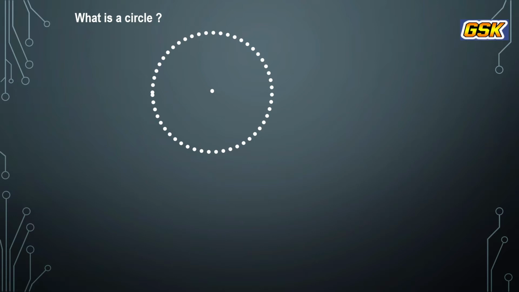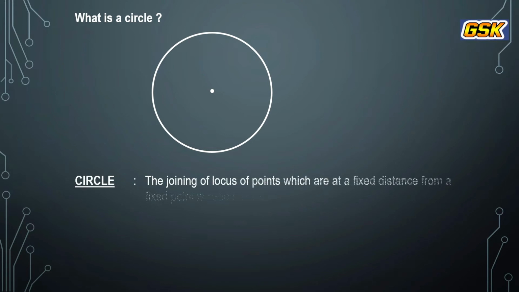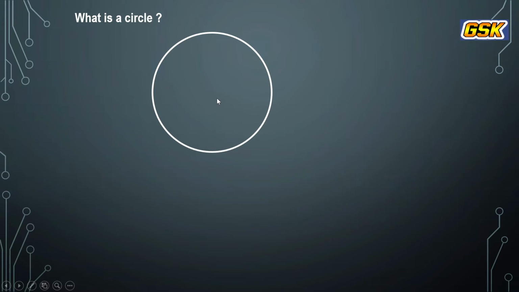The line joining these group of points is called a circle. What is a circle? The locus of points which are at a fixed distance from a fixed point is called circle. And this is a fixed point and we call it as center.